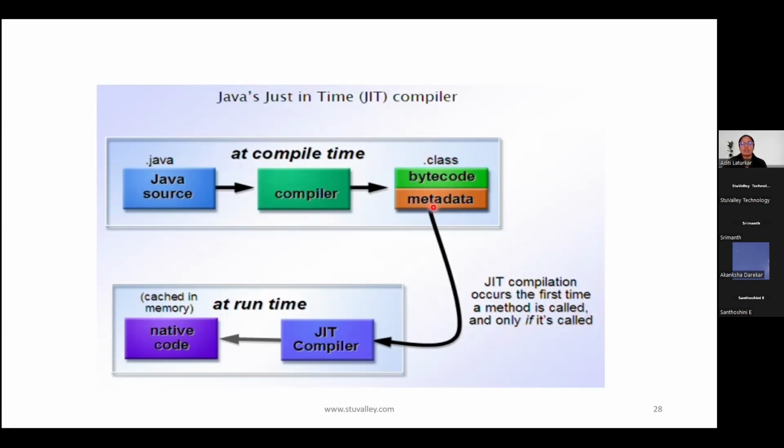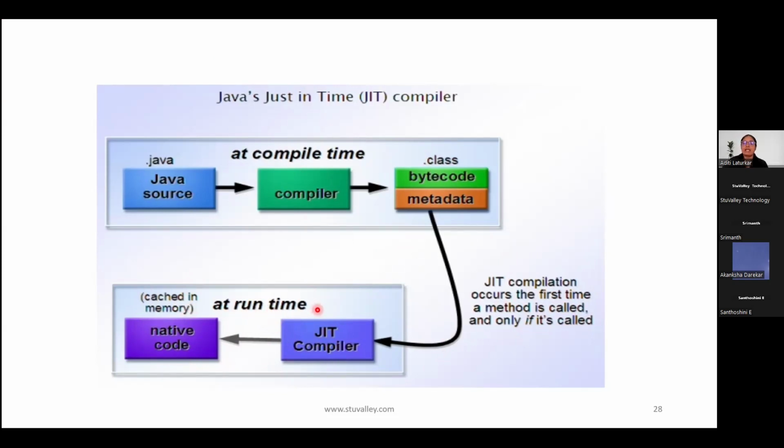So this .class file goes to the JIT compiler. If repetitive code is there, then the JIT compiler changes it into native code and stores it in cache in memory. ठीक है, cache memory में store होता है, you can say that.